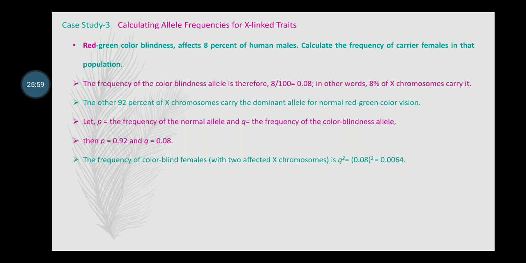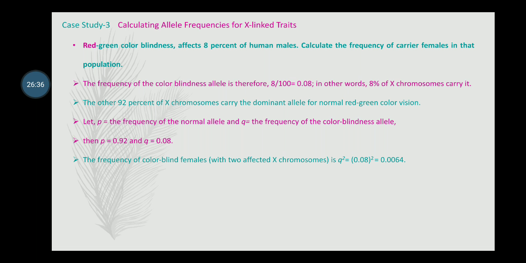For females to be colorblind, both the X chromosomes need to have the colorblind or recessive allele, that is Q. So Q square is going to be the colorblind female frequency, or 0.08 whole square, which is equal to 0.0064. But here the question is, what is the frequency of carrier females?